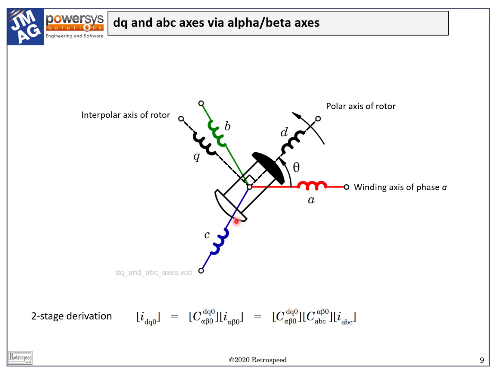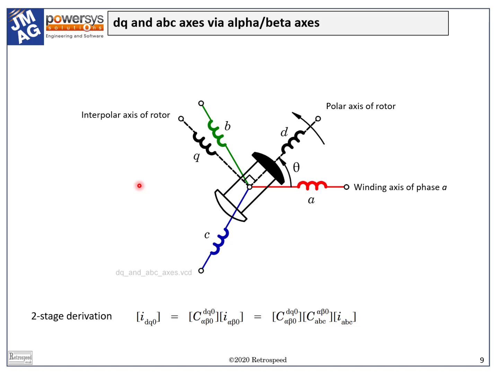And then we see the field winding of a synchronous machine which defines 2 orthogonal axes D and Q. Clearly D is the axis of the field poles, the direct axis, and Q is the so-called interpolar or quadrature axis. The DQ axes are rotating while the ABC axes are stationary.